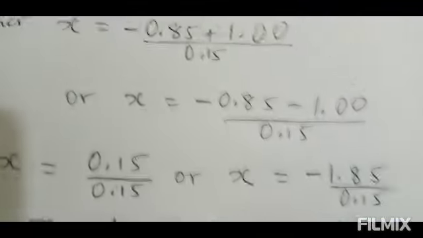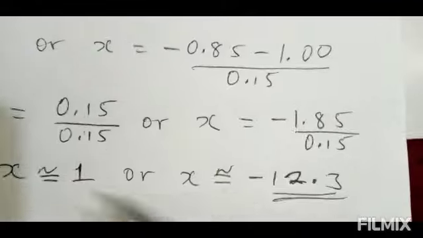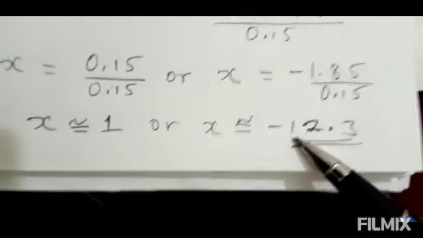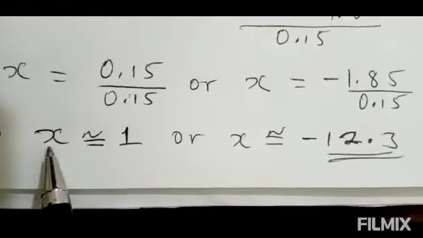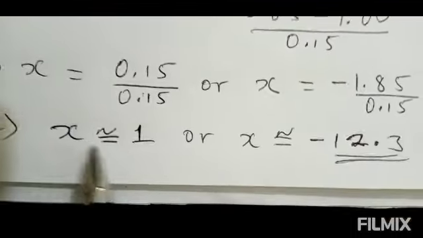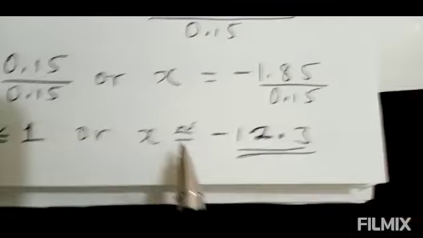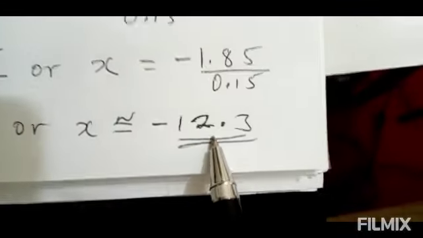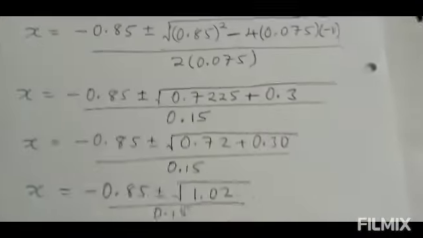When we multiply, we come down to this. These are our approximate answers. x is not equal to 1, but x is approximately equal to 1, or x is also approximately equal to minus 12.3. You just need to do this operation on the calculator.